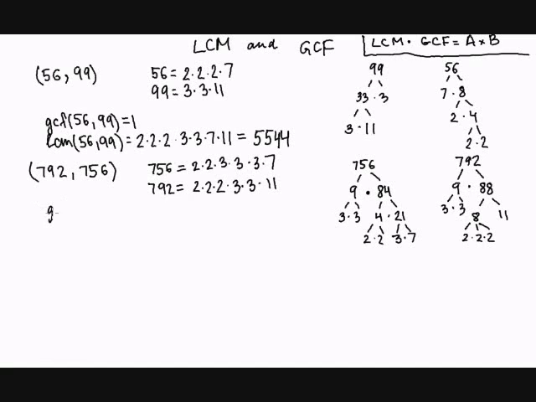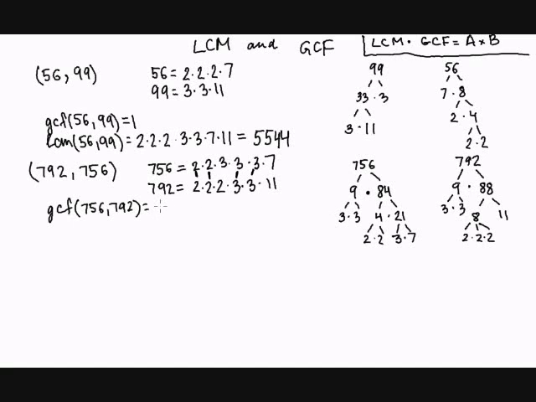So now, to find the greatest common factor of 756 and 792, I have to look at all prime factors and I have to find the common ones. So as you see here, we have, well, 3 is a common factor twice, and this 2 is a common factor and this 2 is a common factor.